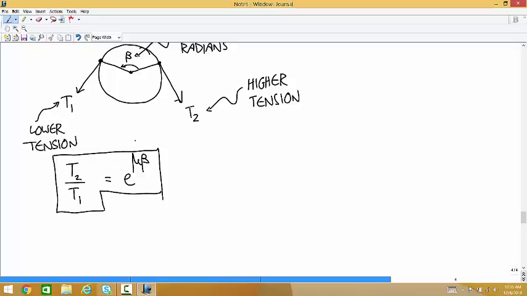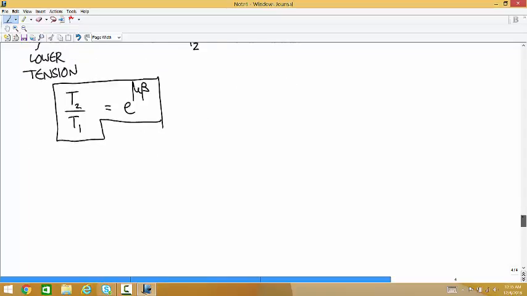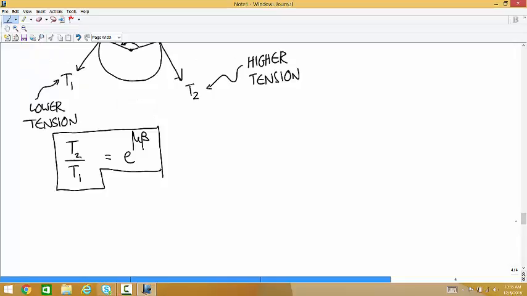Every time around is 2 pi. So it can be 6 pi, 8 pi, 10 pi, keep wrapping it around, and that ratio keeps getting bigger and bigger. The small tension keeps getting smaller and smaller. So you could set values you want. Right. Yes, exactly.